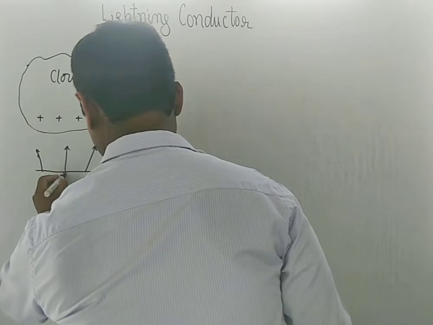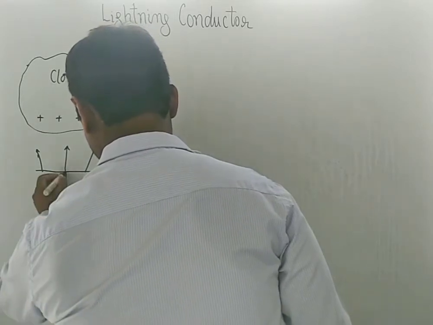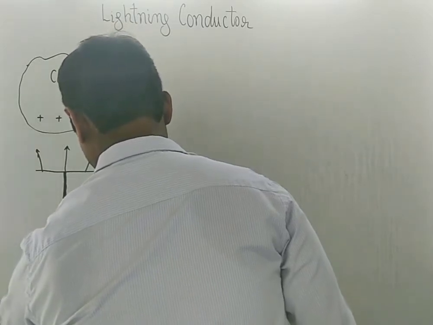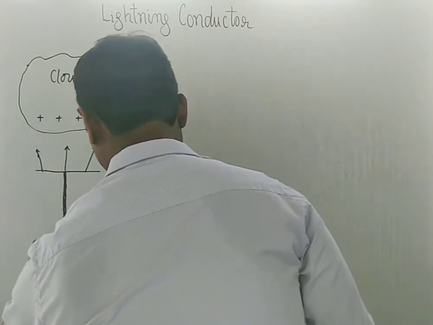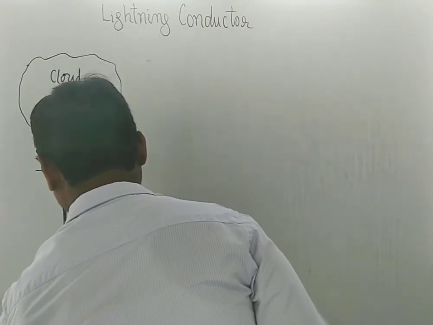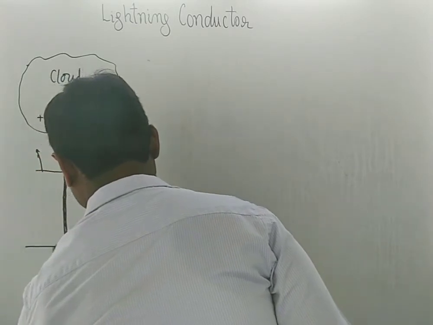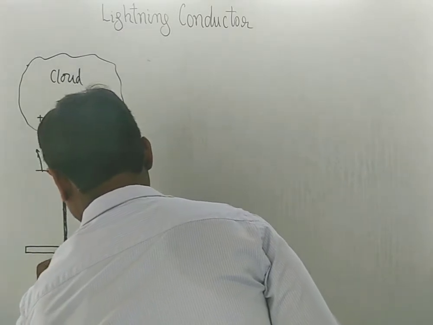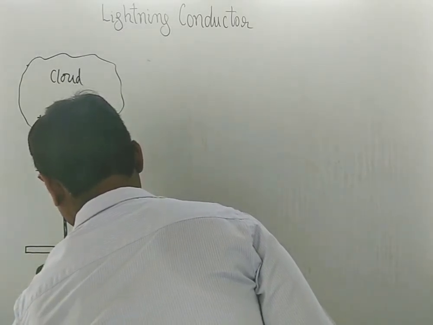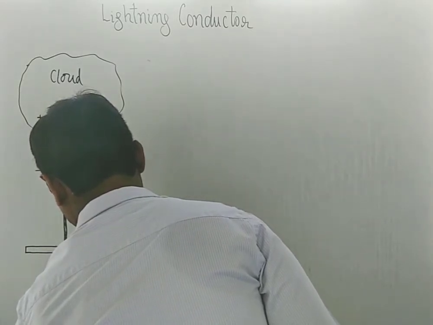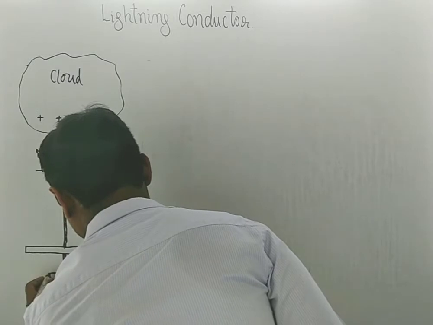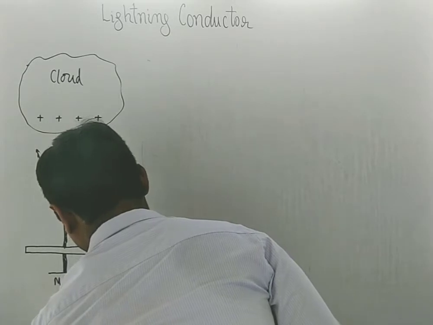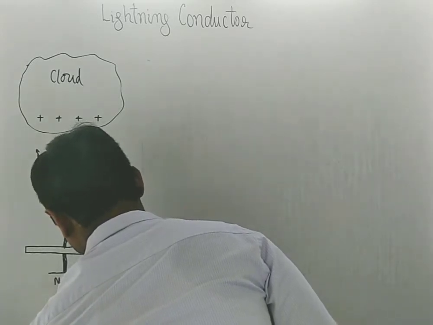This long thick copper strip is properly earthed with the help of a metal plate in earth.